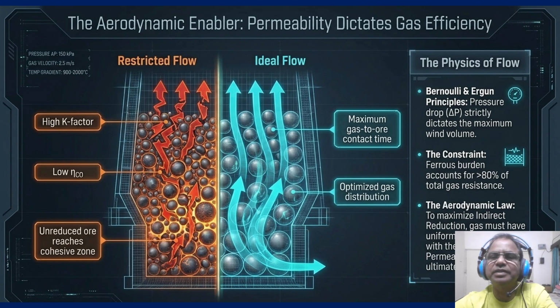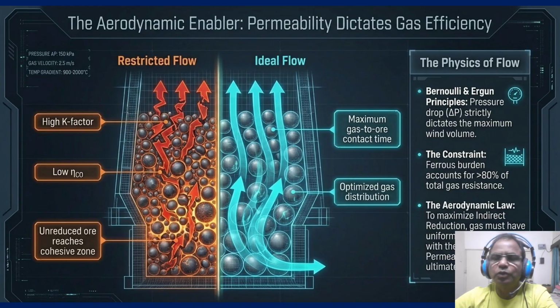To maximize indirect reduction, you must ensure uniform, intimate contact between the gas and the burden through precise charging and fines control. This is the only way to keep the furnace open for high velocity operation. Now let's synthesize these thermodynamic and aerodynamic laws into a single operational playbook, the high productivity playbook.